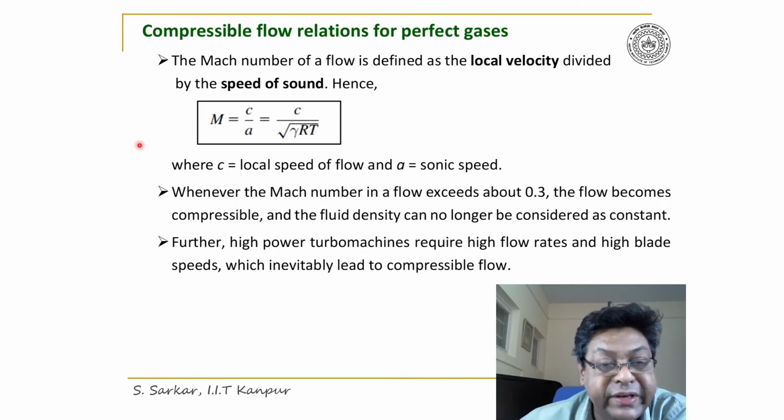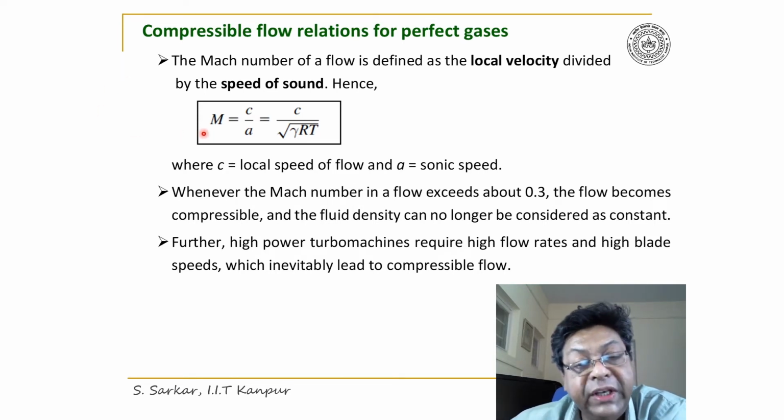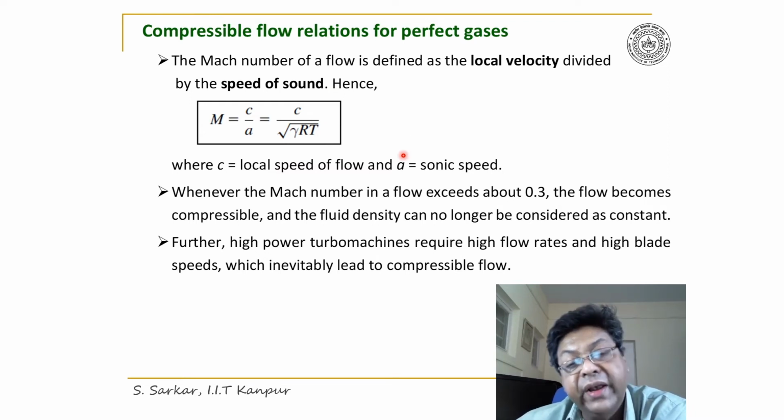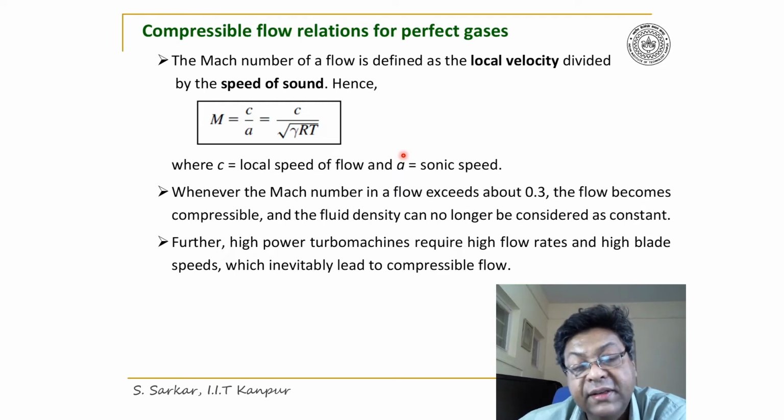So it can be written as M is equal to c by a, where c is the local speed of flow and a is the sonic speed. And this can be further stated as c by root over gamma R T. Considering the gas as perfect, the sonic speed is equal to root over gamma R T.